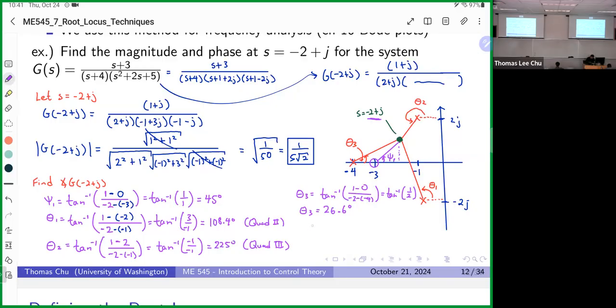Okay, so then sum of the angles G is equal to psi 1 minus theta 1 plus theta 2 plus theta 3. And we get 45 degrees, roughly.